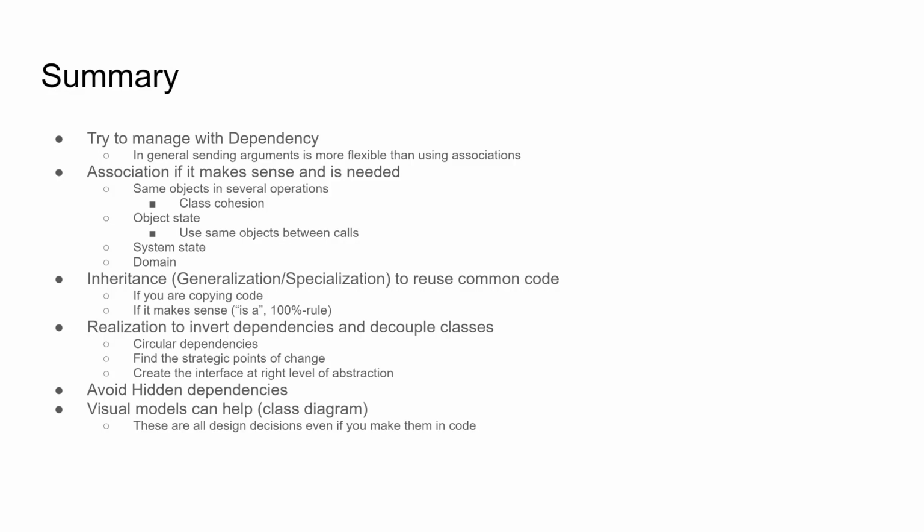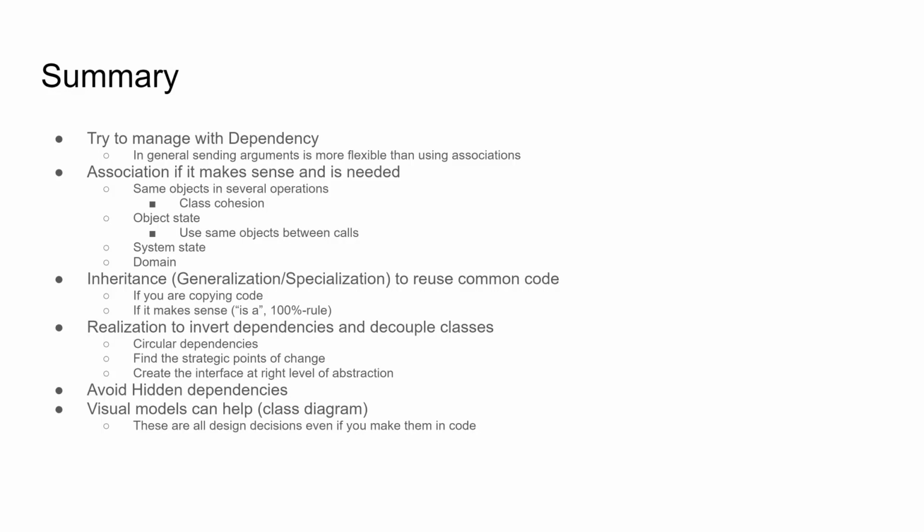And also if it makes sense to store the system state in some way, and in many cases we need to have some living state, so to speak, in our application, because that is what we are operating on all the time. That is what messages are sent to all the time. So we need to keep this state for the system in some way. And it should also make sense from the domain point of view, of course. The dice game contains the dice, so it makes sense from that point of view.